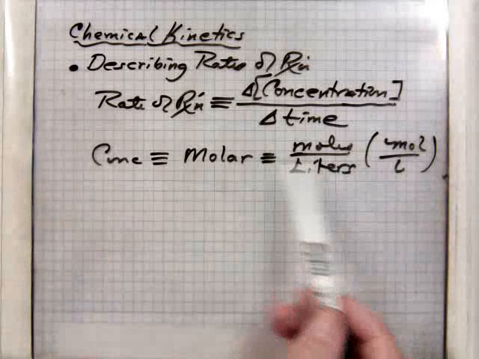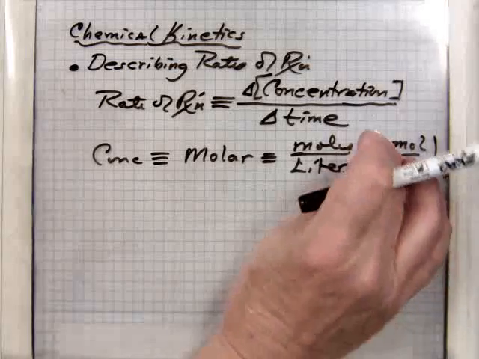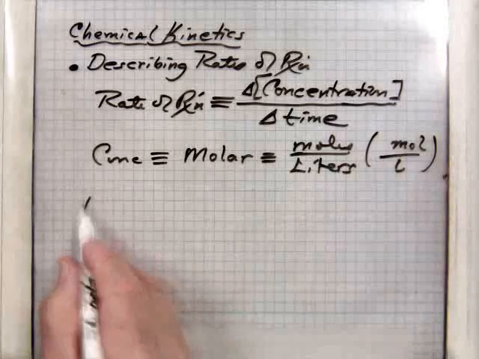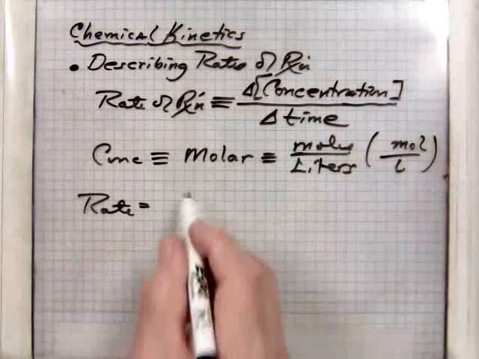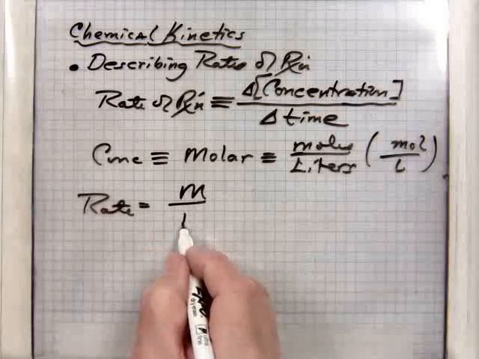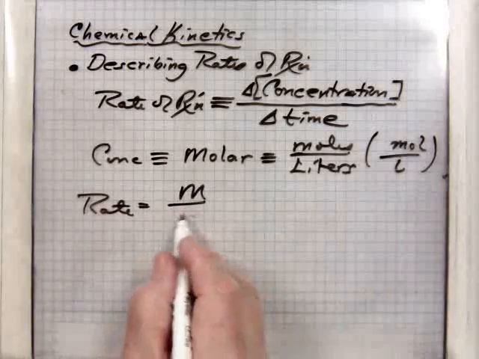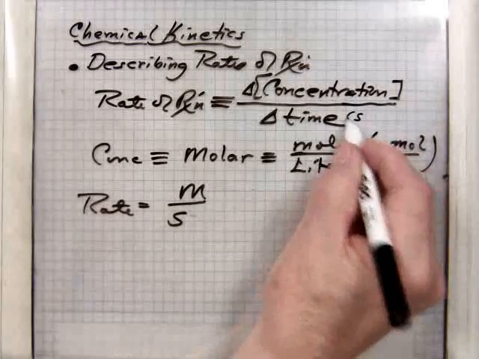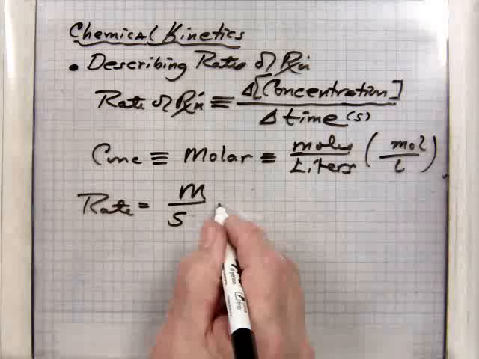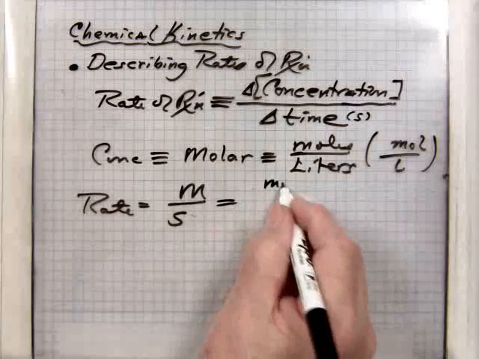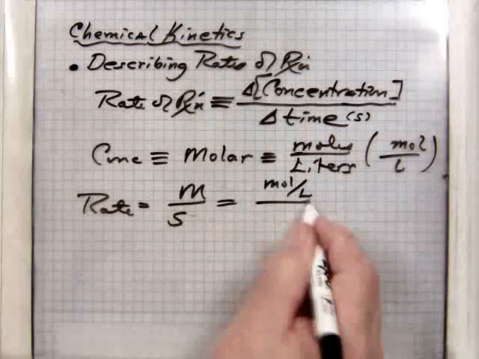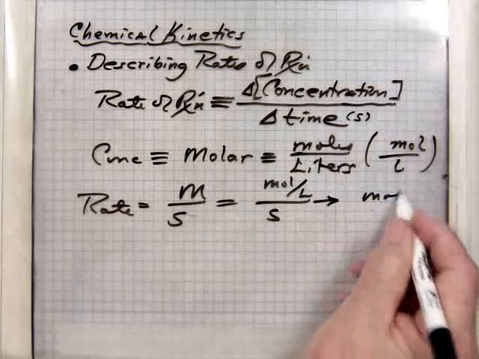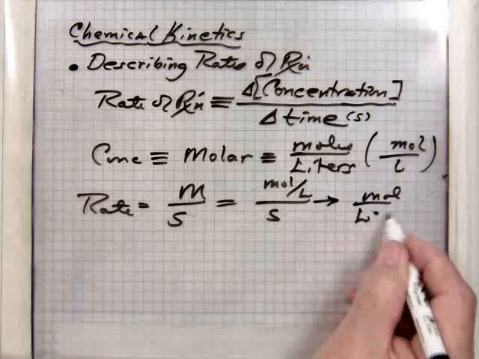So if we apply this idea, moles per liter, to this expression, our units of rate can be molar per second, something like that. That's the time frame in seconds if you want to do that. Or moles per liter over seconds. And then this translates into moles over liter dot seconds.